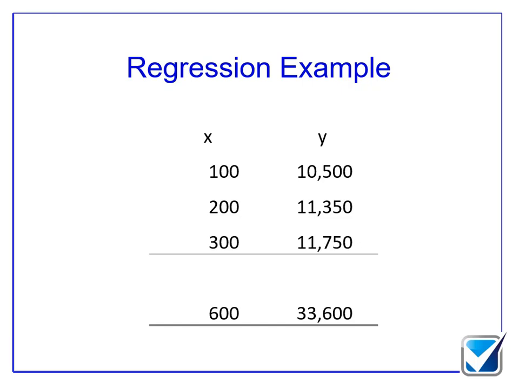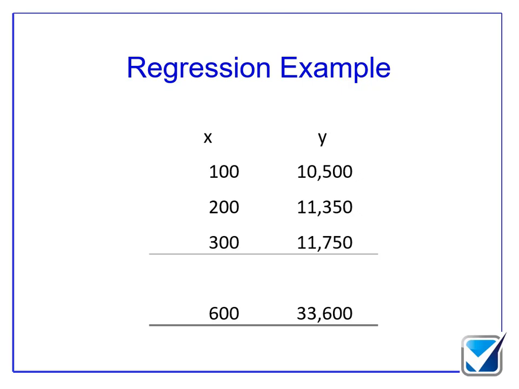We produced 100 units. We had a cost of 10,500. We produced 200 units, 11,350. 300 units, 11,750. That now means we have a total level of production over these 3 different periods of 600 units, and there's my total cost of 33,600.